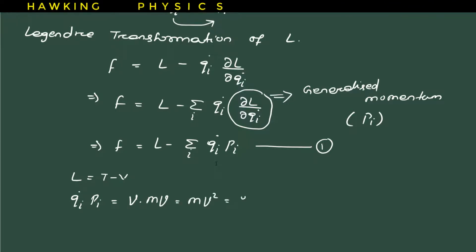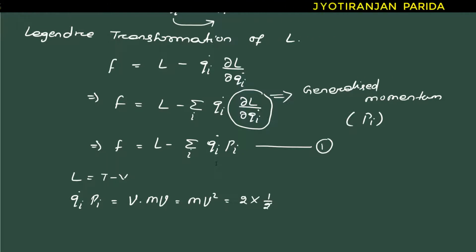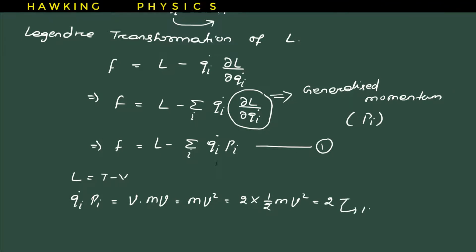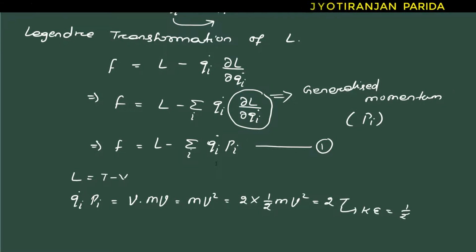We can write this as 2 times half mv squared, which is equal to 2T, where T is the kinetic energy, that is half mv squared, yes or no? Let's see what happened here.